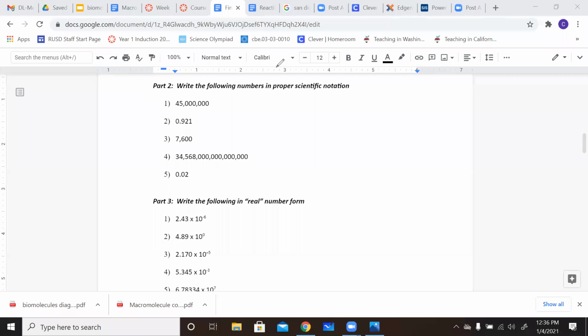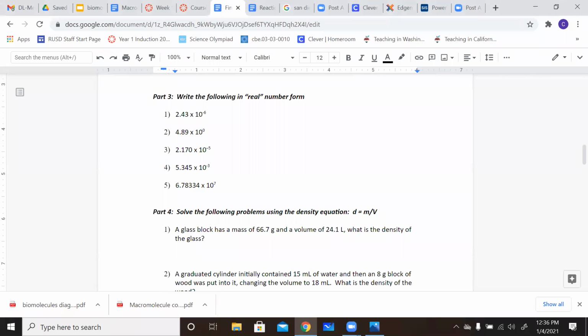Part number 3 is the exact opposite thing. That's writing out a number in real form or in standard form. So we're going to go backwards a little bit. Now we have our number, point, number times 10 to the something, and we're going to convert that back into a number that looks a little bit more normal.